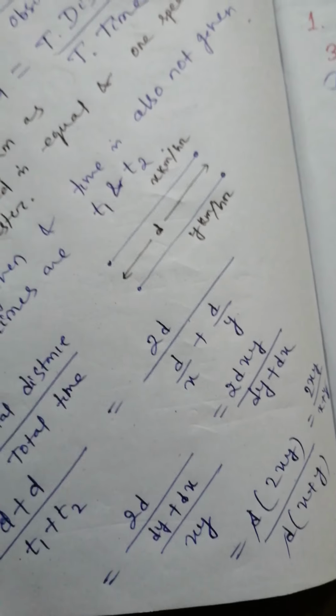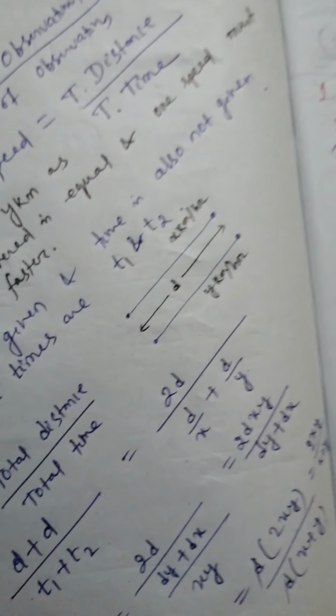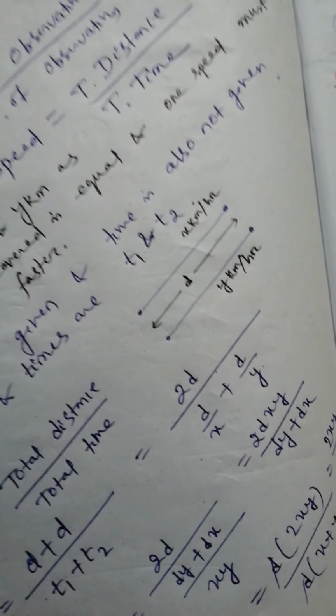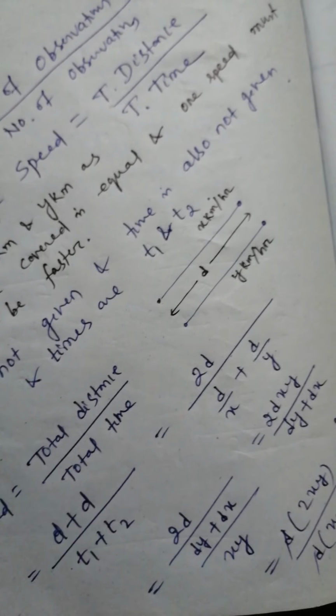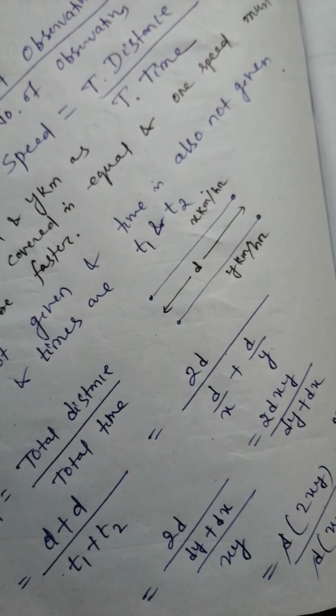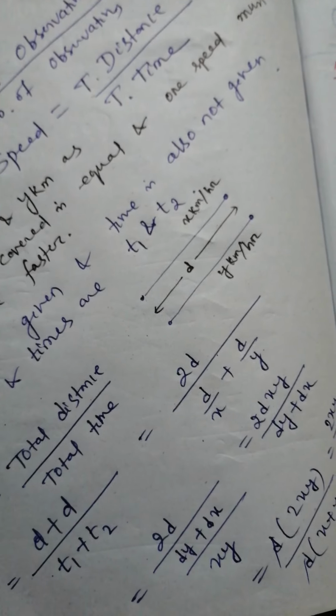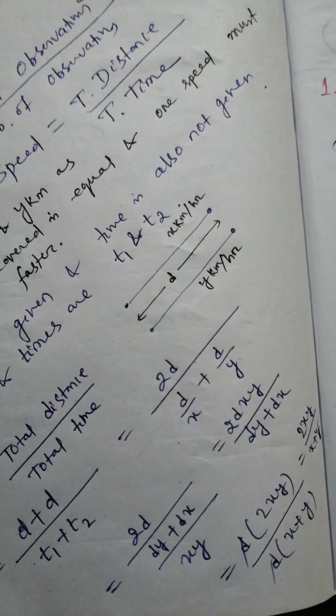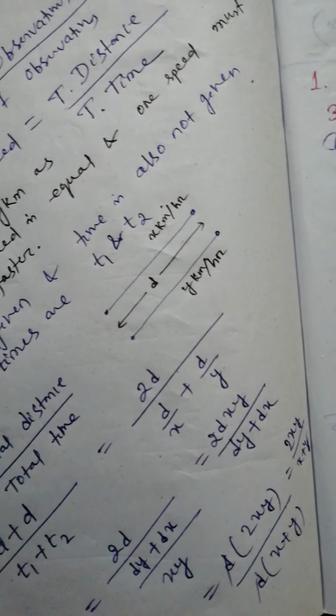And we know that speed equal to what? Speed equal to distance per time. Similarly, we can say time equal to distance per speed. So, in place of t1 I have written d by x and in place of t2 I have written d by y.